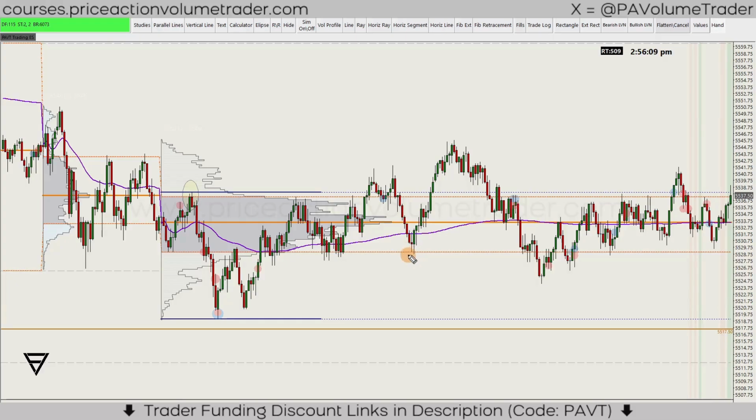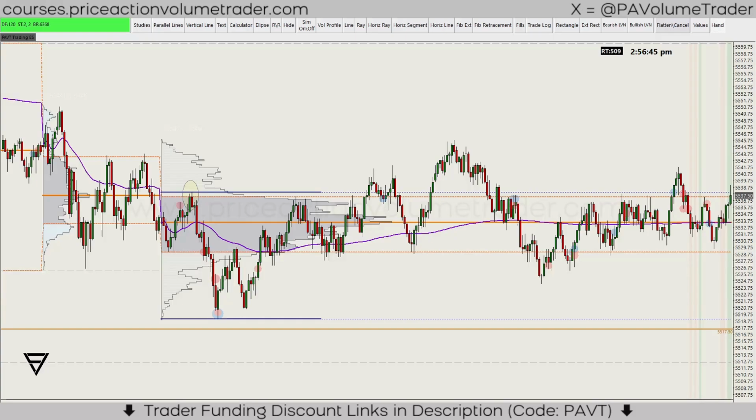So if we have a large participant around these levels that is looking to get long, they're going to have big limit orders, but they're going to need aggressive market sellers, either looking to short this, hoping for a breakdown, in order to use that selling liquidity to fill the buys on their limit orders in order to be able to reverse it. Okay, so that is it in a nutshell.